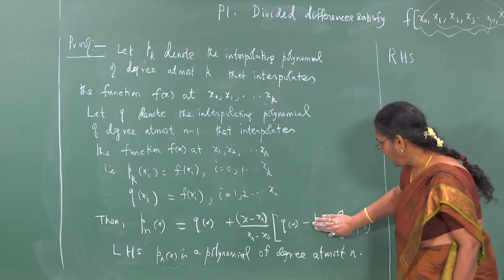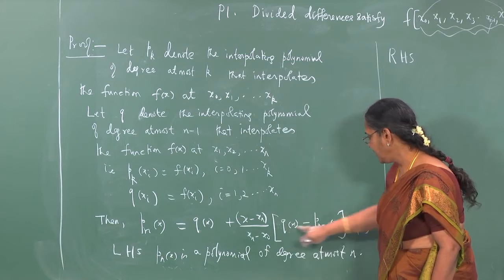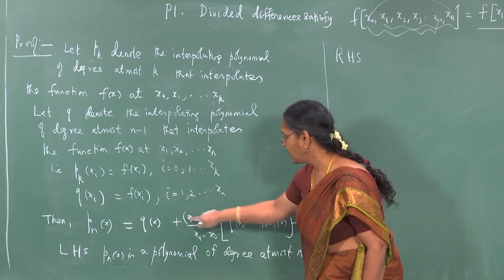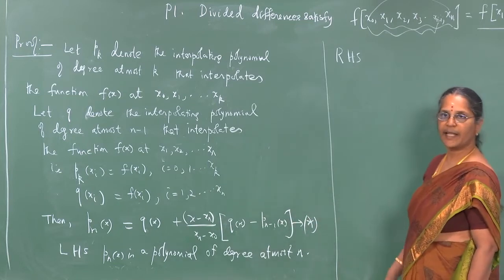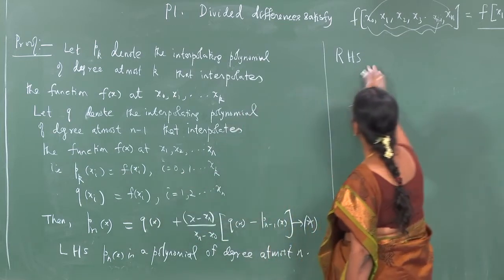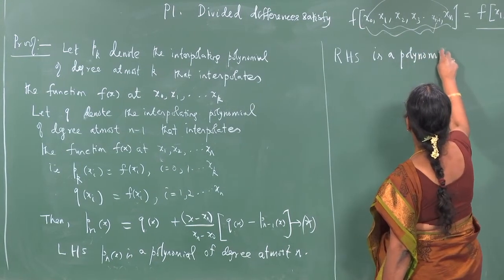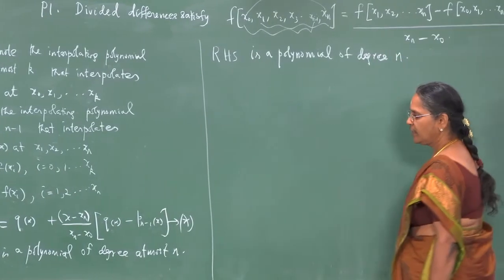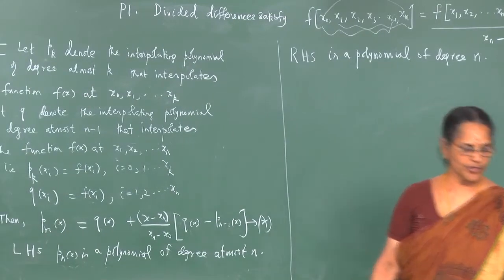So this is a polynomial of degree n minus 1, and this is a polynomial of degree n minus 1. The difference is a polynomial of degree at most n minus 1, and that is multiplied by a factor x minus xn. So the second term is a polynomial of degree at most n, and that is added to a polynomial of degree n minus 1. So on the whole the right hand side is also a polynomial of degree at most n. So the left hand side and the right hand side are both polynomials of degree at most n.